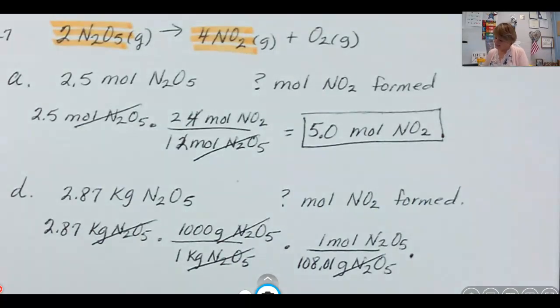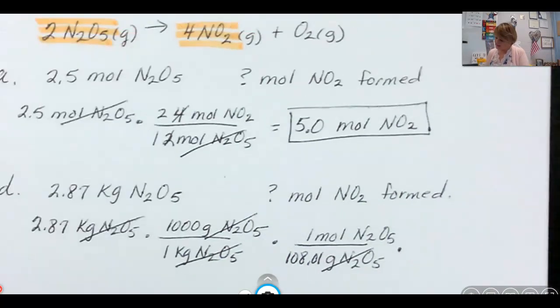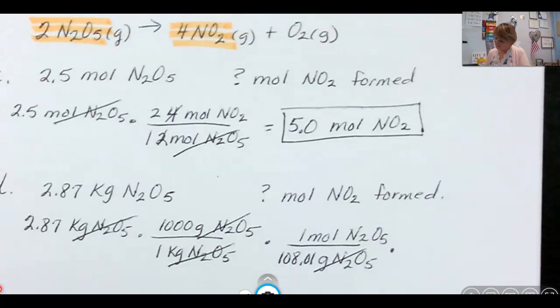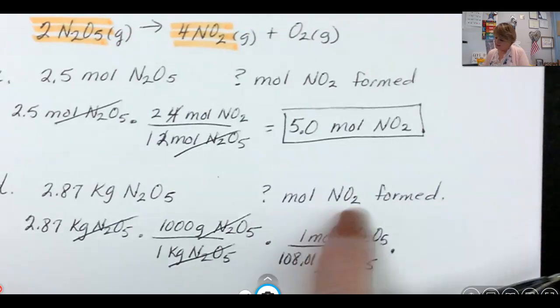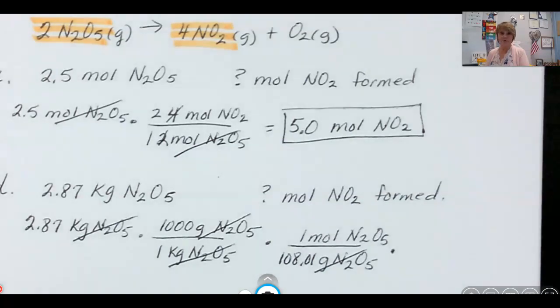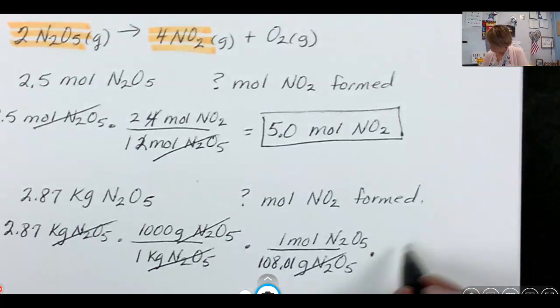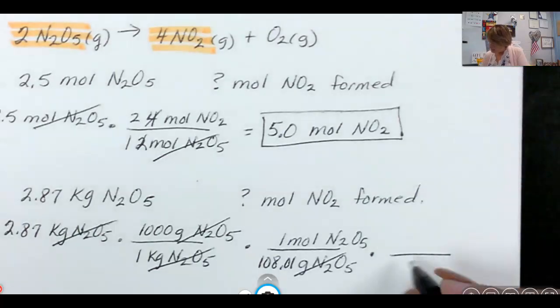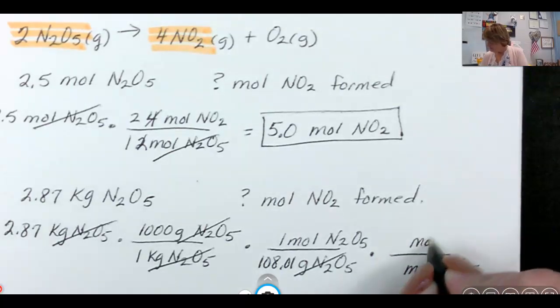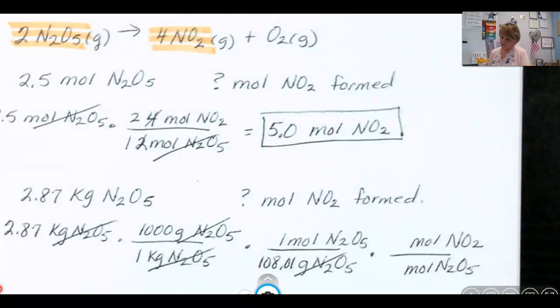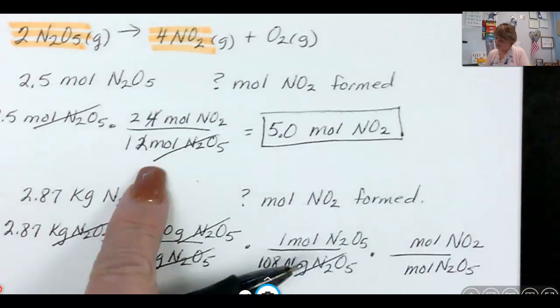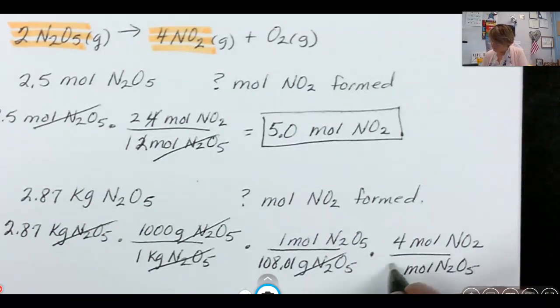Again, cancel out. I'm now down to my moles of the dinitrogen pentoxide, but I need moles of the nitrogen dioxide. So what should be my next step? And hopefully you said the mole ratio now. So moles of dinitrogen pentoxide, moles of NO2. Okay, again, it was a 4-to-2 or 2-to-1.